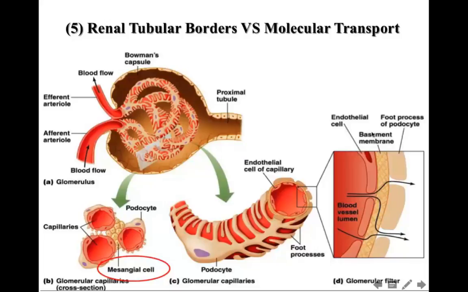Second, the basement membrane, which has no pores within it, but its negatively charged composition of collagen and proteoglycan won't allow the passage of plasma proteins, and we've actually mentioned it before when we spoke about the filtration of plasma proteins. The third layer is the Bowman's capsule epithelium.